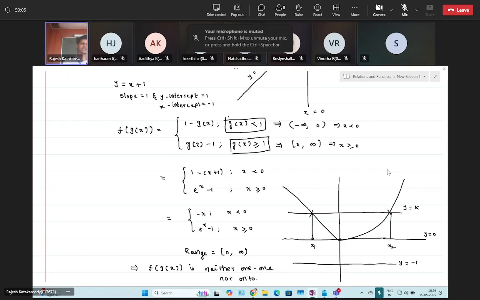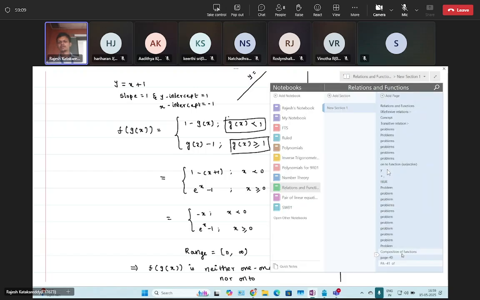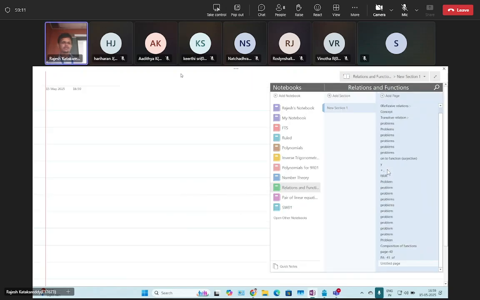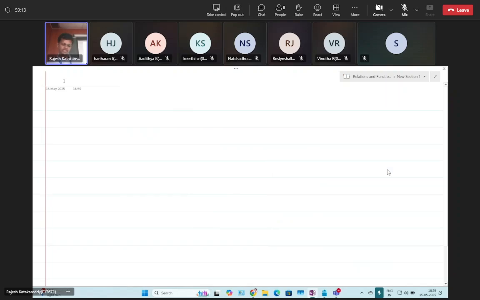Two functions f and g again, defined from real to real. No option is asking about the existence or non-existence of the composition. I think this is page number 40, problem number 65. f, g are defined from the set of reals to the set of reals.